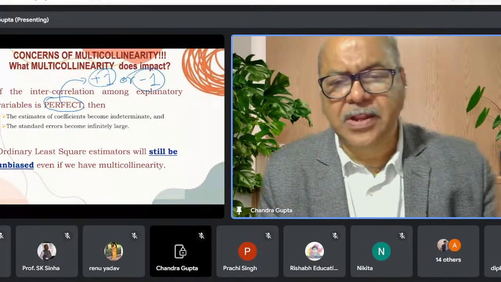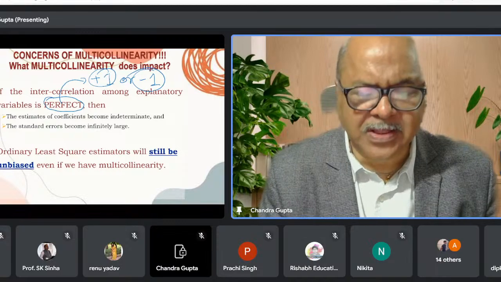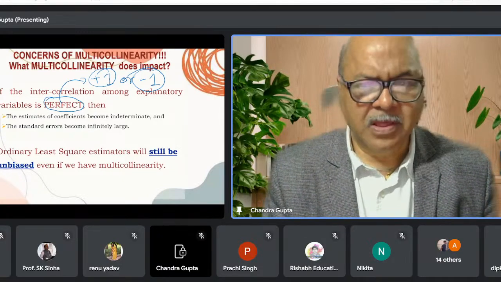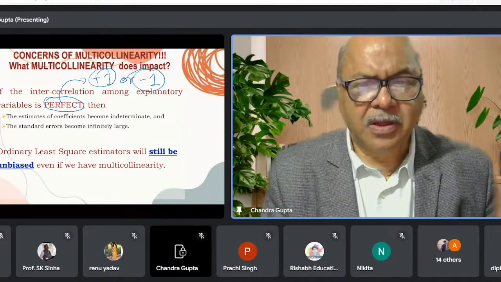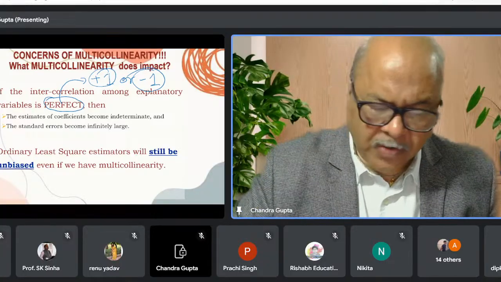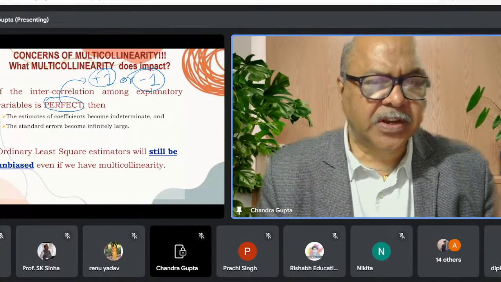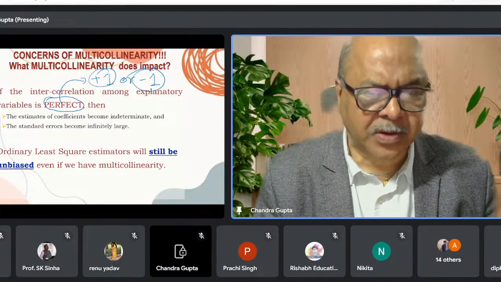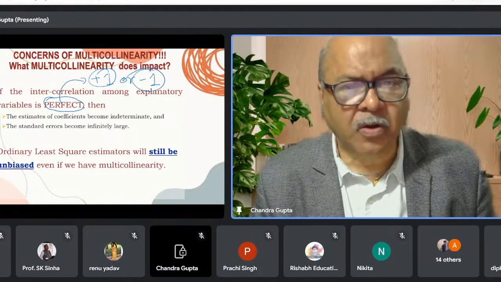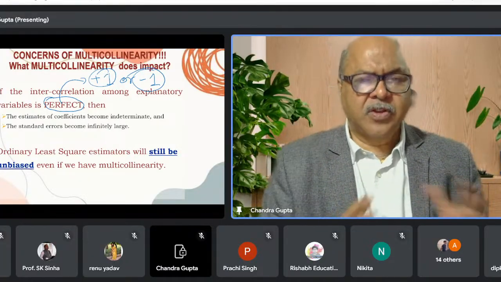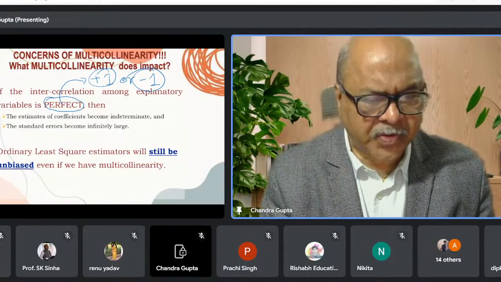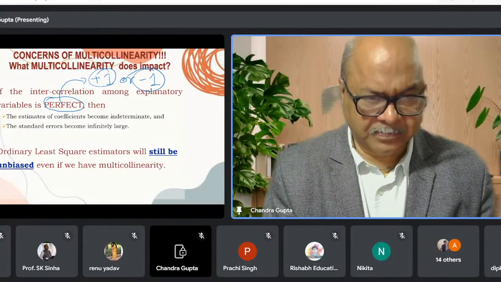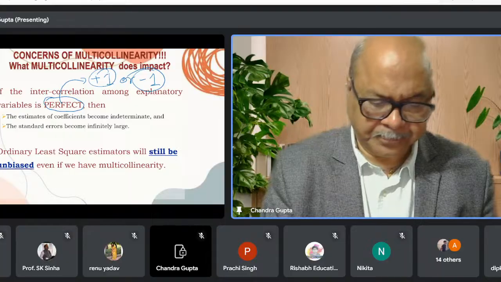Many software packages give you a message that a solution is not possible. Many times software throws away those variables which are creating the autocorrelation problem and gives you the result for the remaining ones. So you have to see what exactly the software is doing with your data. Okay.